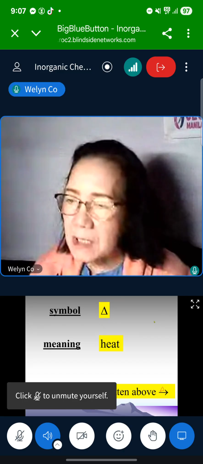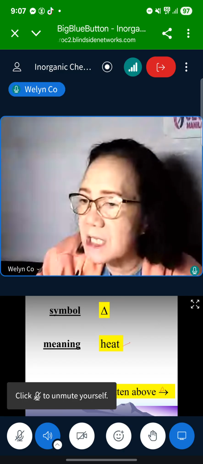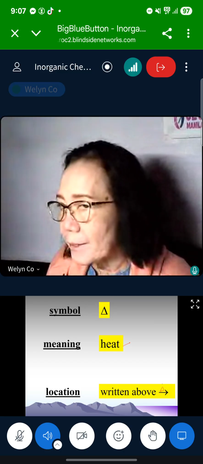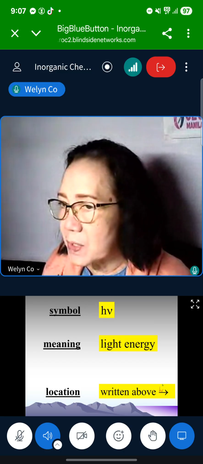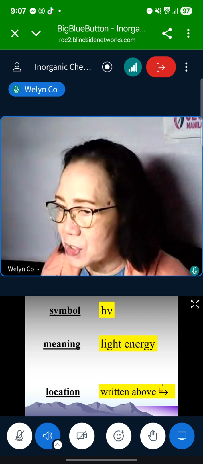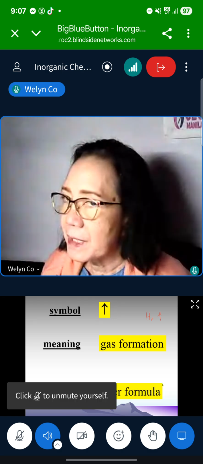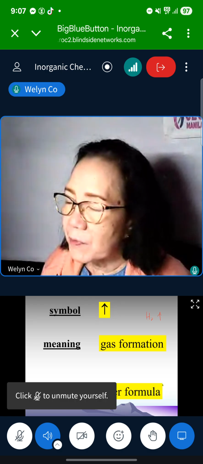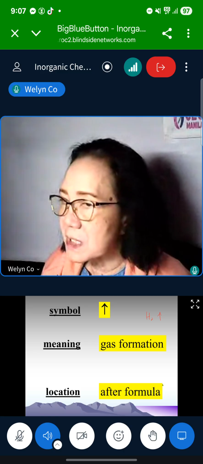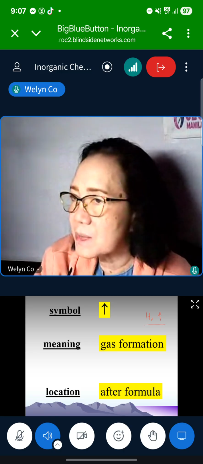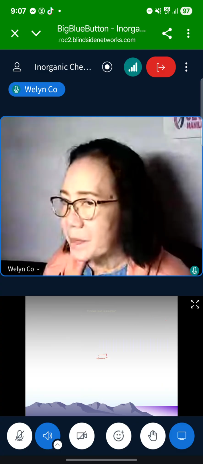So delta, this would be the representation of heat and it is written above the arrow. hv, this would be your light energy, or also written above the arrow. Arrow up, that would be for a gas formation, it is written after the formula. Because your hydrogen gas with an arrow above it.